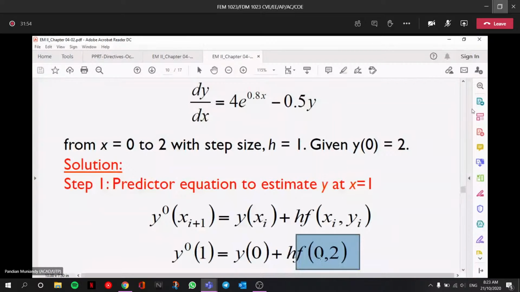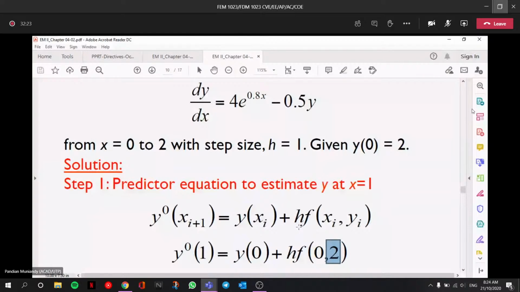f 0, 2, that means x is 0, y is 2, equals, calculate now class, 4 multiplied by e power 0.8 x0. X here is 0, minus 0.5 multiplied by y. y is 2.